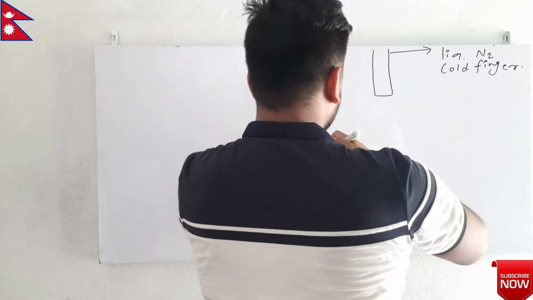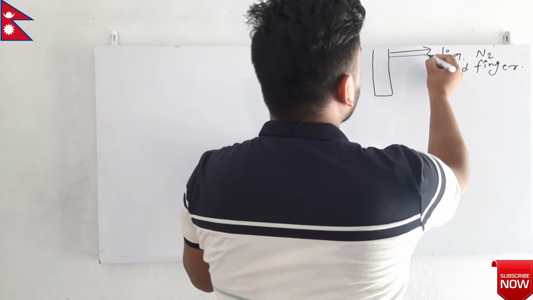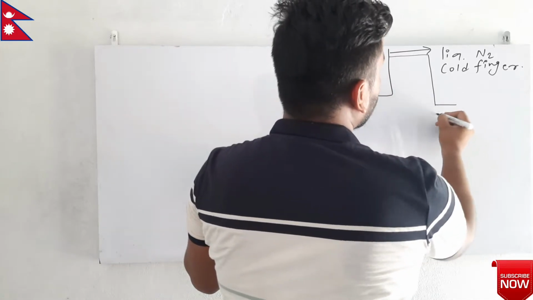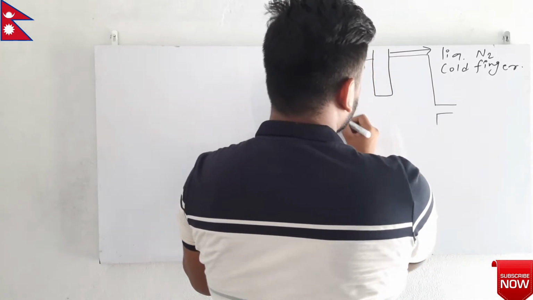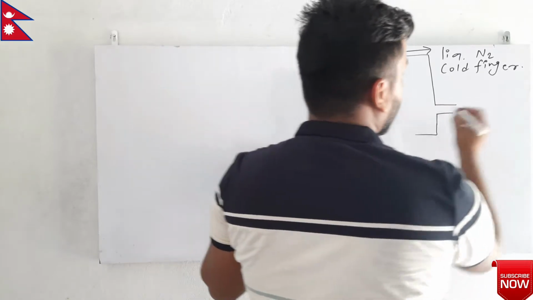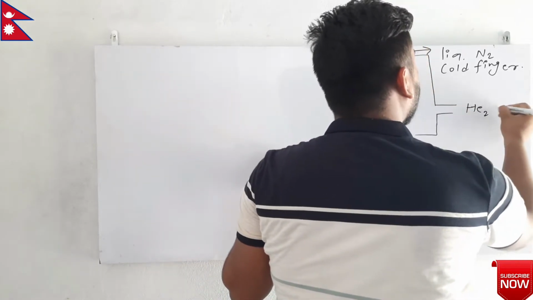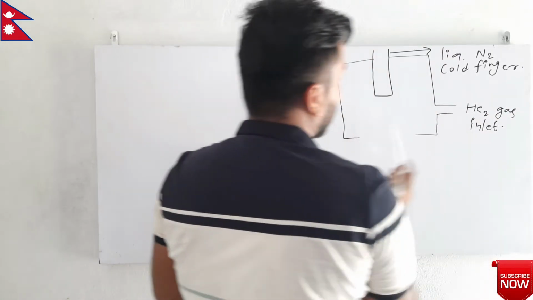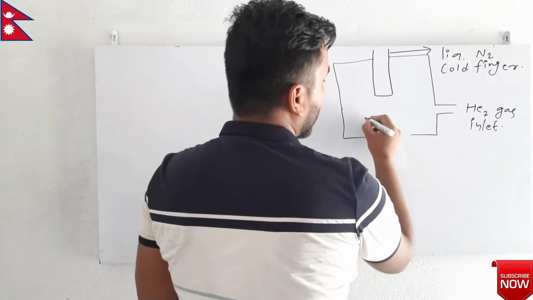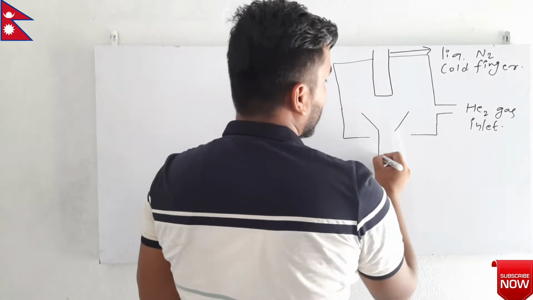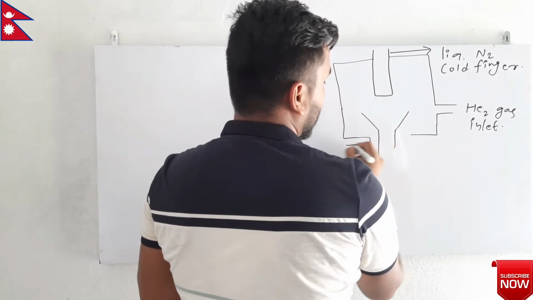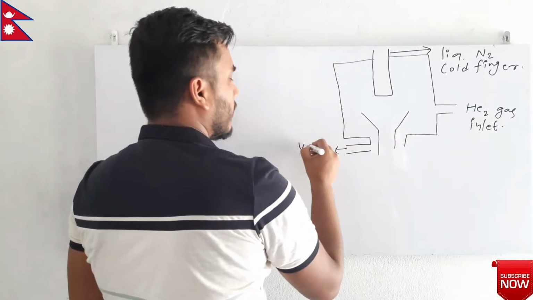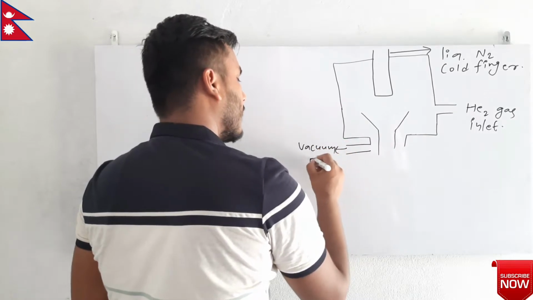Now from here there is a chamber like this, and there is an inlet like this. This is the helium gas inlet, and here there will be a funnel, and there will be a vacuum pump.